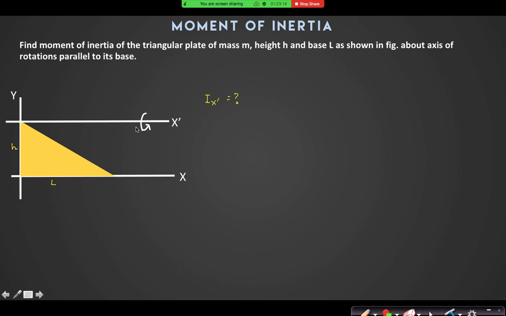Look, if I do it like this, I have placed another similar triangle here, so that the mass of this triangular portion is m and the mass of this triangular portion is also m. Then it will be a complete rectangle. So then what is this I x prime for that rectangle?